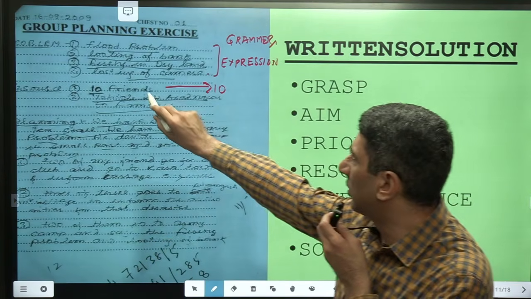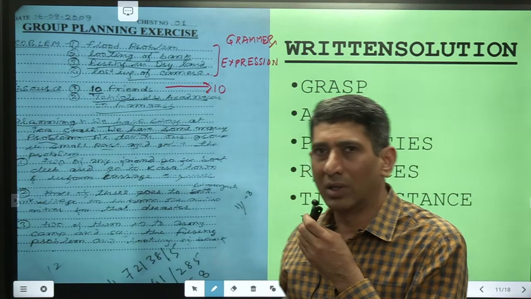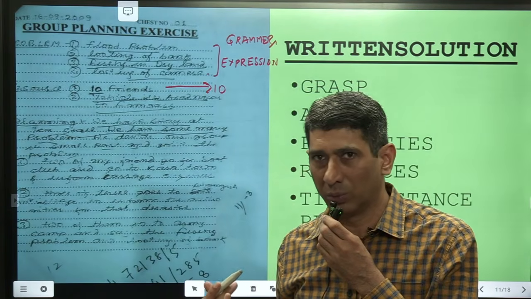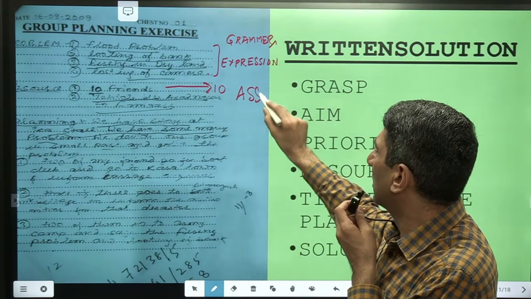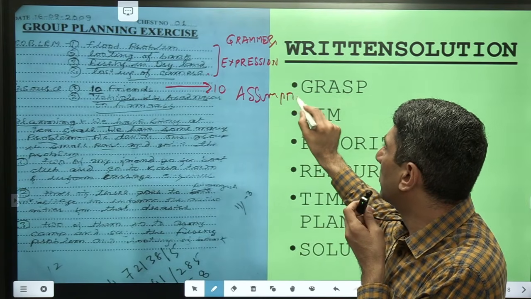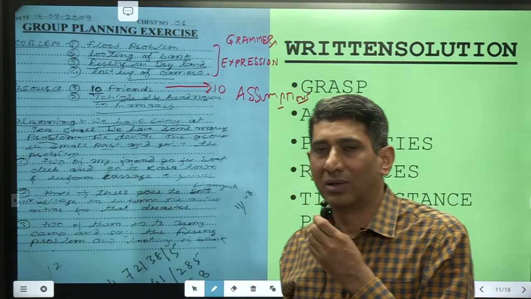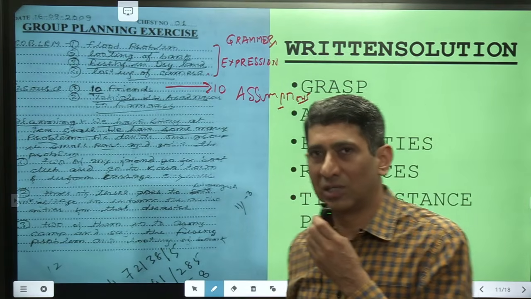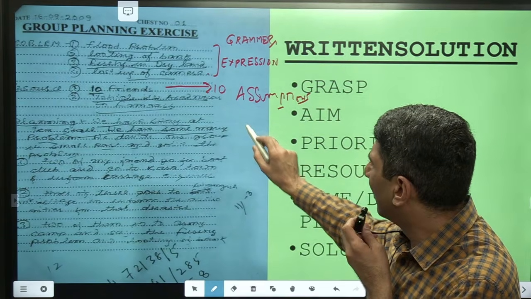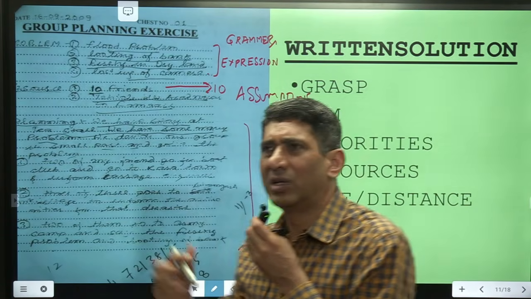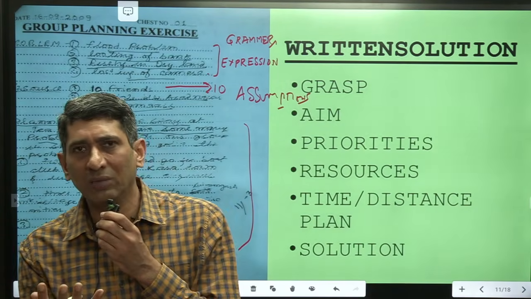Now he is talking of 10 friends, and there were only 8 candidates in this group. Now he is assuming things. So there are certain assumptions which he is making which may not be as per the situation which is happening. So you will find that each candidate will give out something by his written solution.